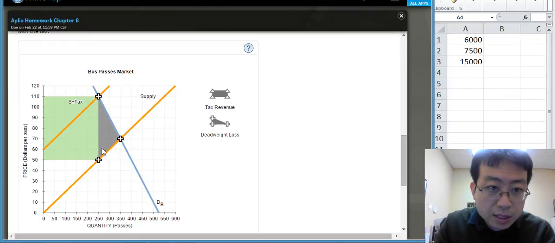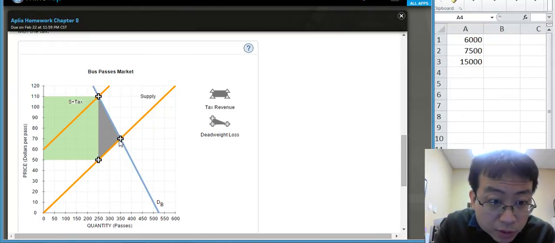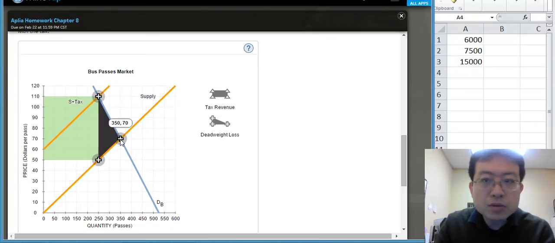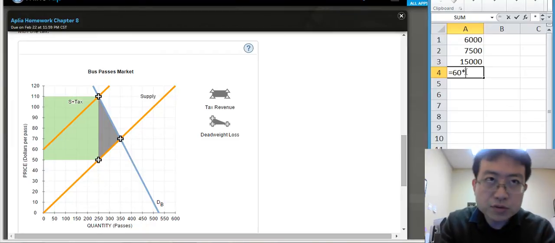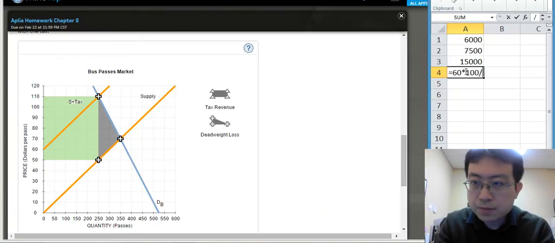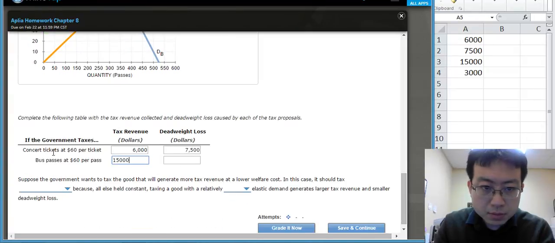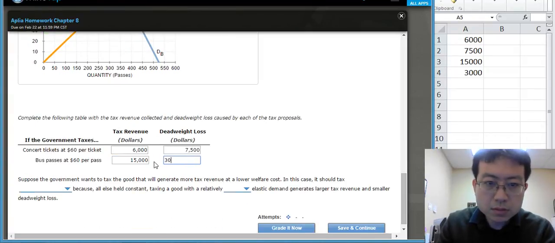So the 60, and then this height is from 250 to 350, that's 100, divided by 2. Then we lost 3,000.